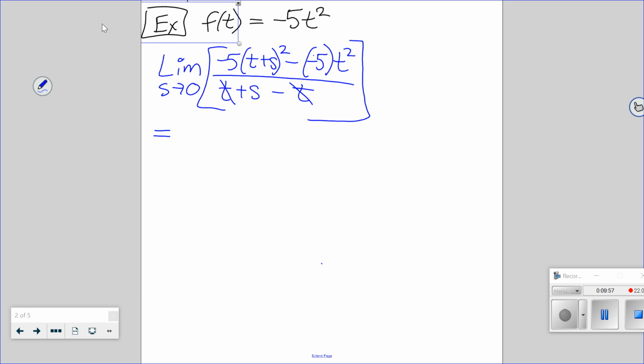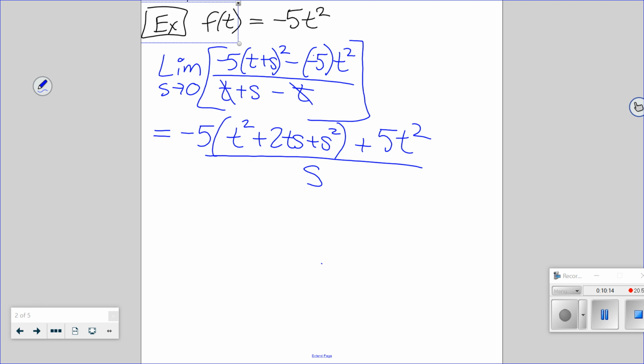Okay, we have t squared plus 2ts plus s squared, and then plus 5t squared over s. Any complaints about that? And to save space, I didn't write that we're taking the limit. Yes, no? Yep, yep. Don't think I made any mistakes. It's always hilarious when I do.